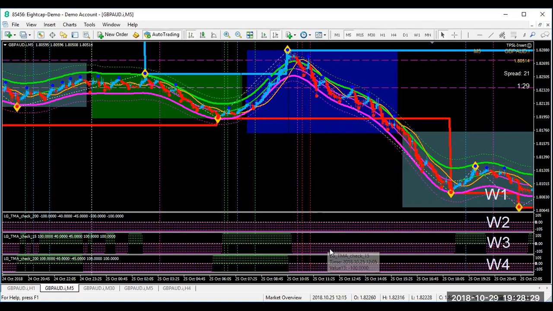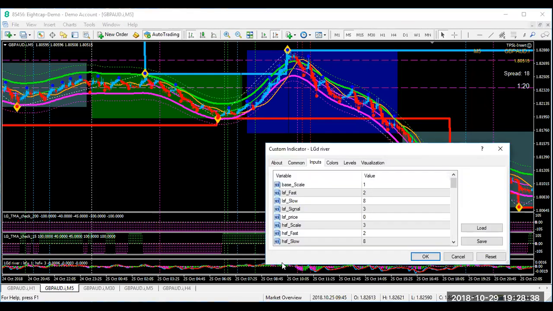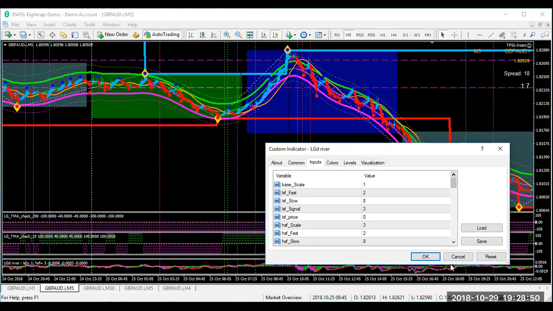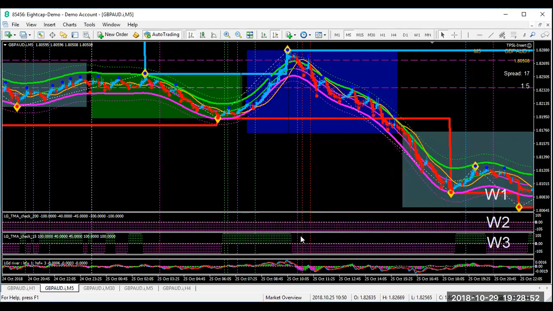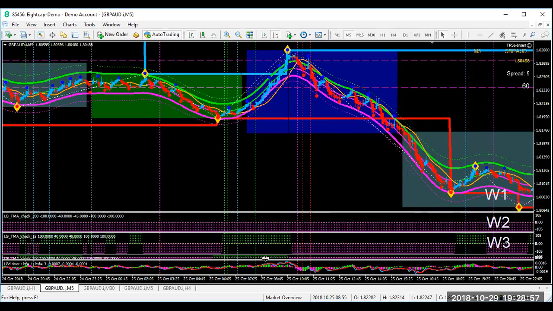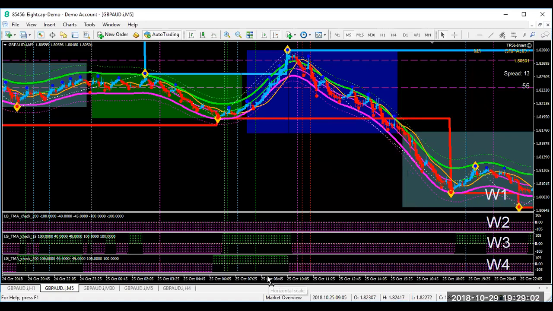Once again, I'll put it back to the color, but that's just to show you the two different rivers give us additional alerts and opportunities.